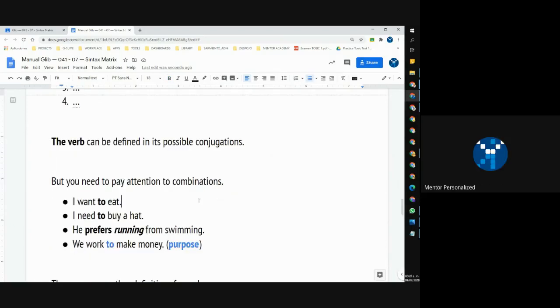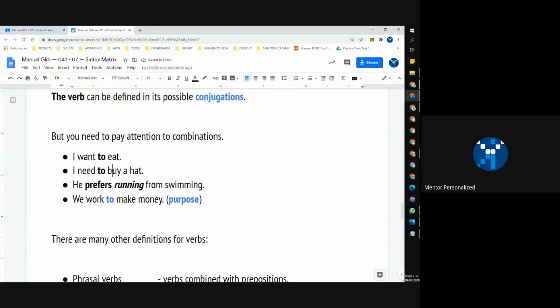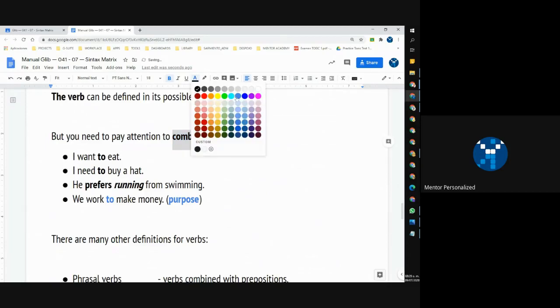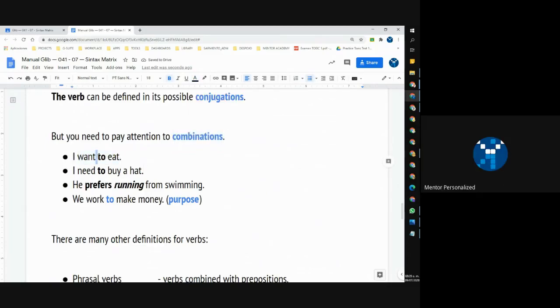Okay, very good. So remember, the verb can be defined in different possible conjugations. Conjugations. It's very important to master conjugations. But you need to pay attention to combinations of verbs. For example, this typical combination with particle to, can you read?